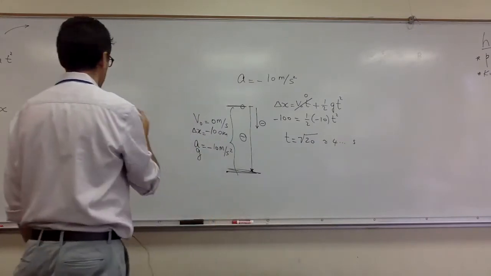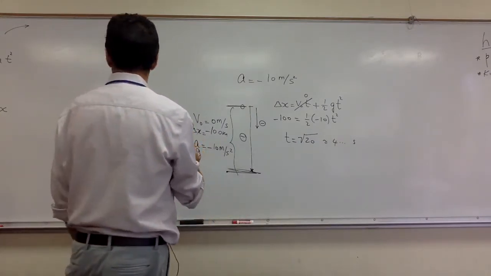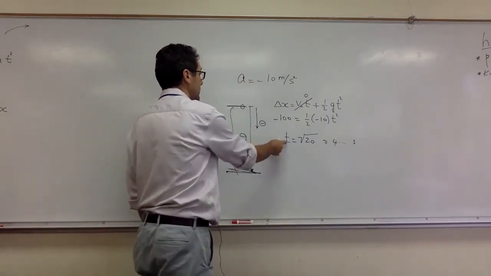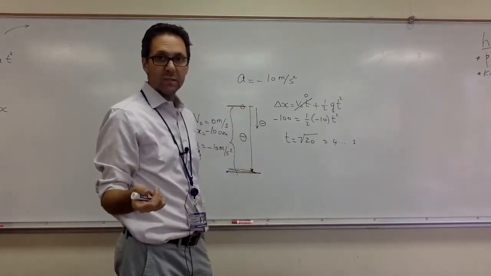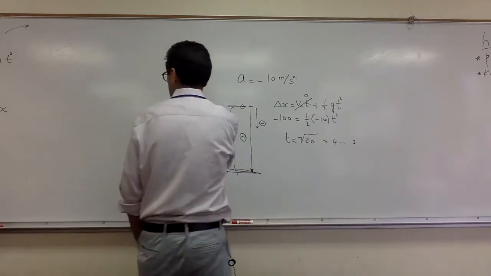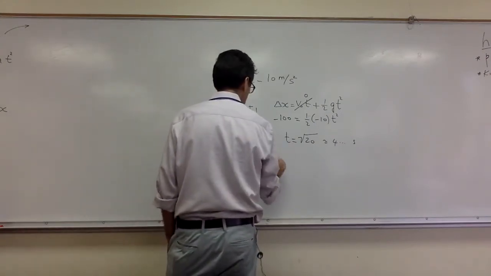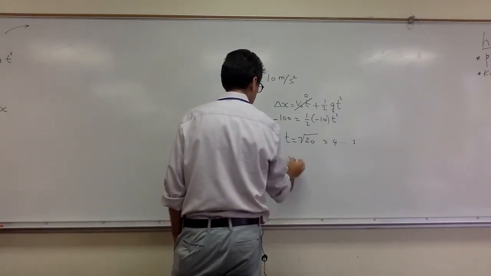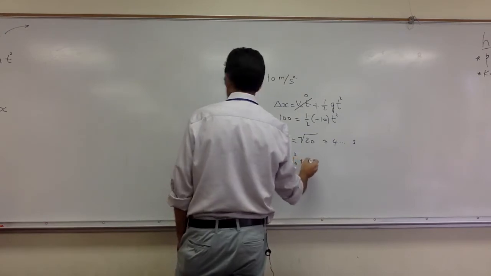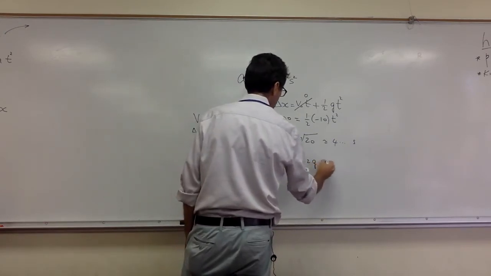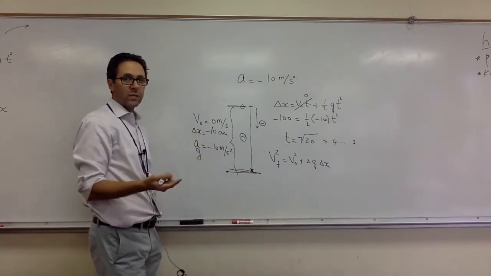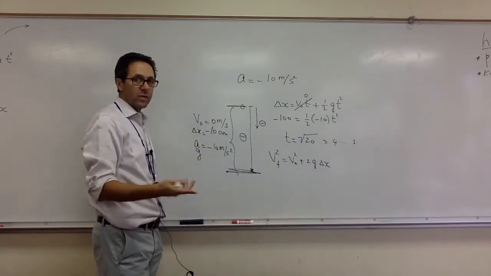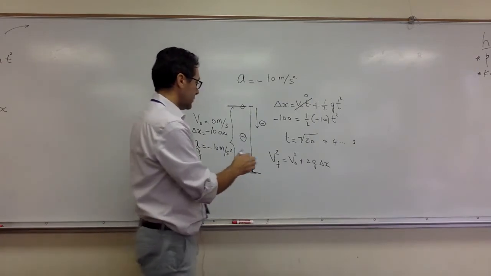If I want to find the velocity at impact, I can use this time and just pick the linear equation, vf equals v0 plus g t. Or if I don't have the time, I can just go with the last one, vf squared equals v0 squared plus 2g delta x. Now, sometimes I'll be calling this delta y just because it's vertical, but it really doesn't matter. You can call it delta x if you'd like.